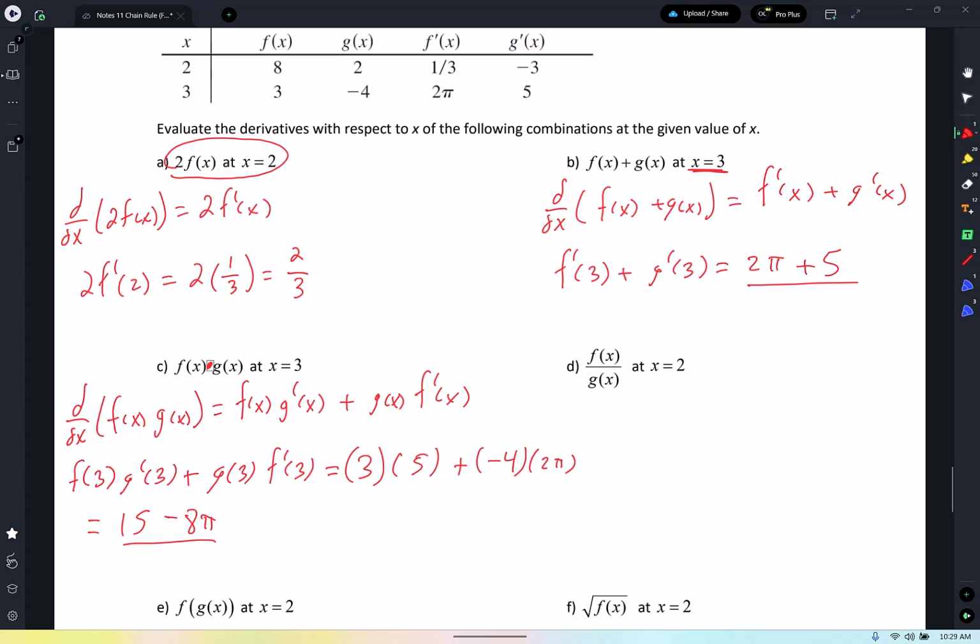We're okay so far, guys? What rule do I need for letter D? What rule? Quotient. D dx f of x over g of x. I'll do it in a different color so we don't get it mixed up with the one on the left. What is quotient rule?